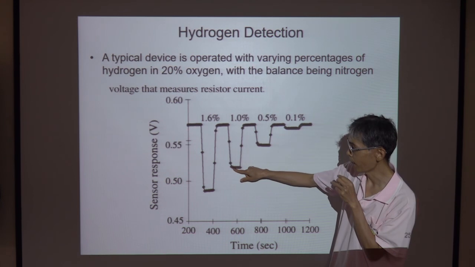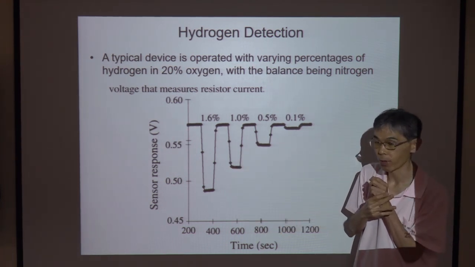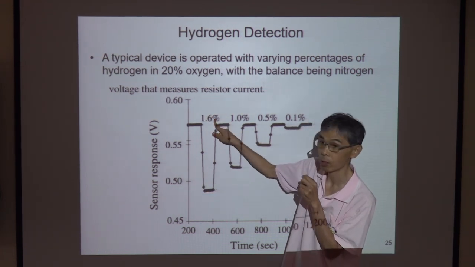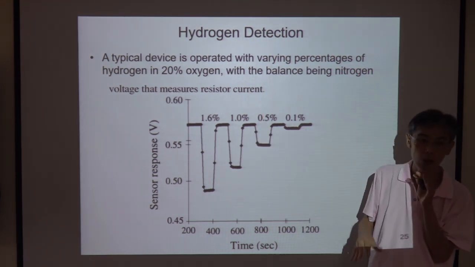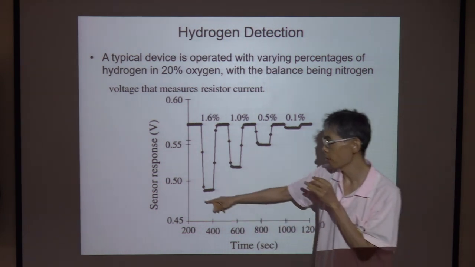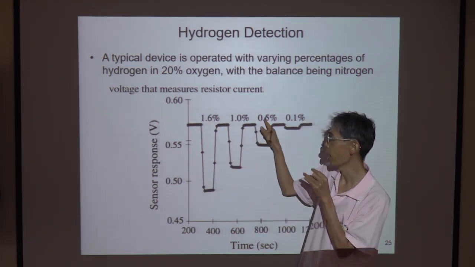So the voltage output comes to this value. So you see this one-to-one correspondence between voltage value and the concentration of hydrogen. So we use this experiment to show this is our gas sensor. By reading the voltage output, it will know the concentration of hydrogen gas.